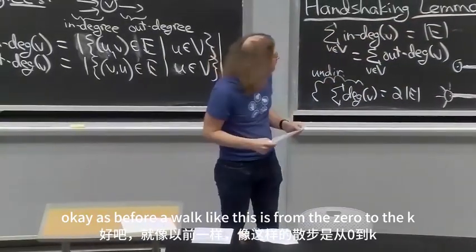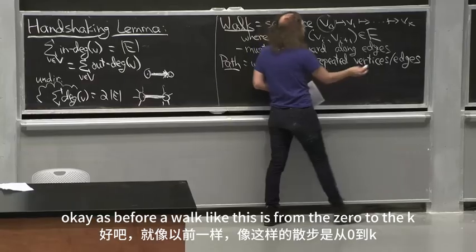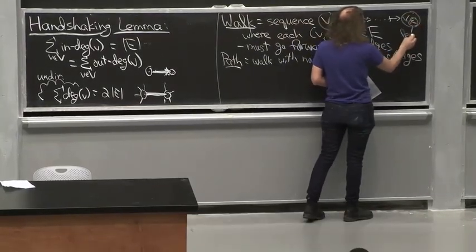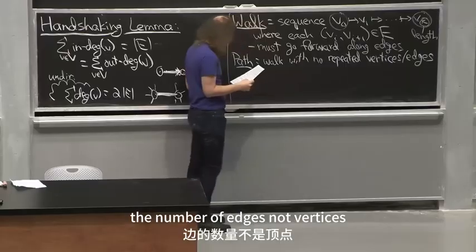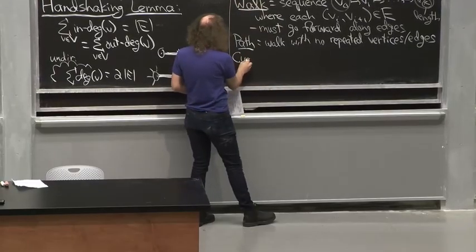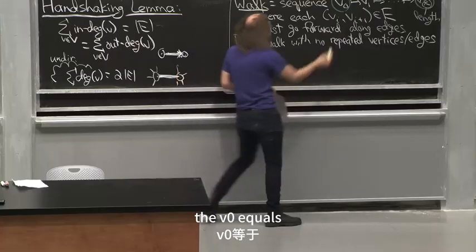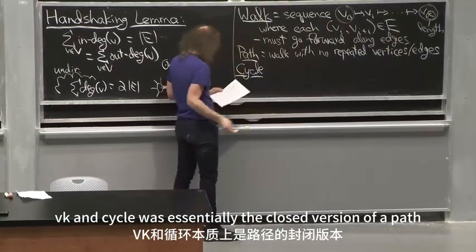OK, as before, a walk like this is from v0 to vk, and k is the length. Length always counts the number of edges, not vertices. Then we had the closed notion. There was a closed walk, and in particular a cycle. Closed meant that v0 equals vk, and a cycle was essentially the closed version of a path.